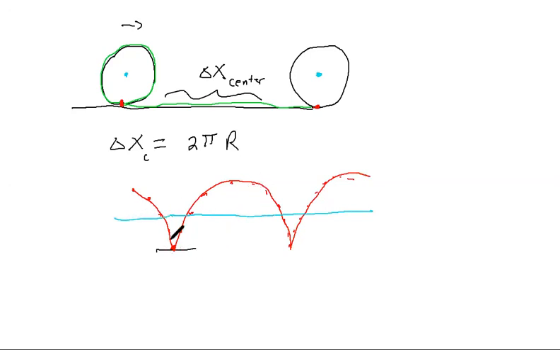What this tells you is that at the point of contact, there's no relative motion. The velocity relative to the surface is zero at the contact point. Now, it actually has a tangential velocity. So relative to the center of the wheel, the contact point is moving, but relative to the table, it is not.